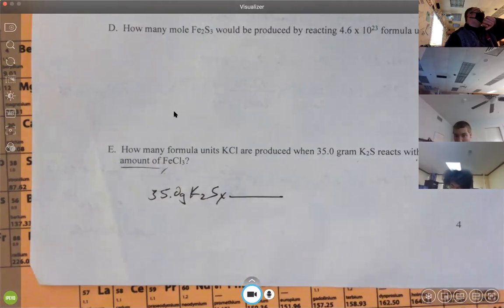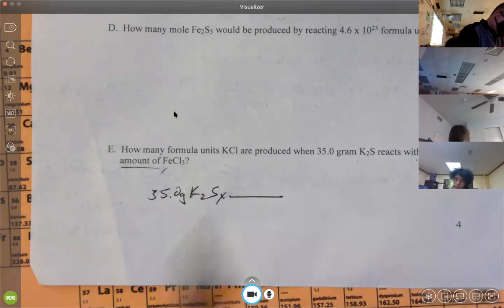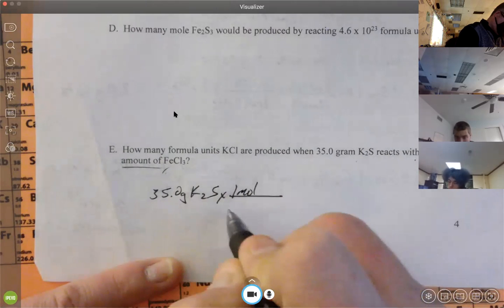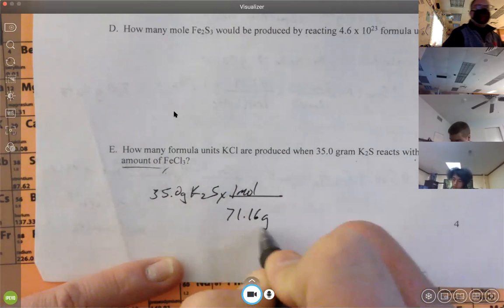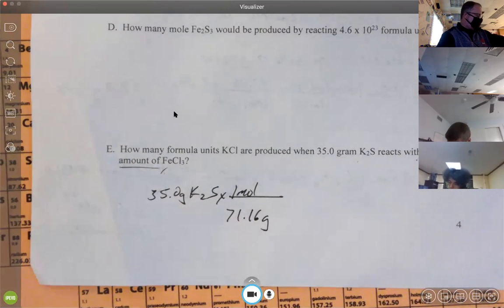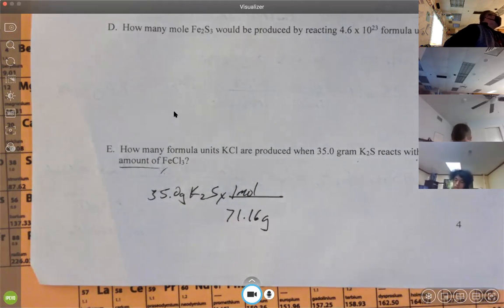The molar mass: 39.10 plus 32.06... ah, dang it, I messed up again. 39.10 times 2 plus 32.06.